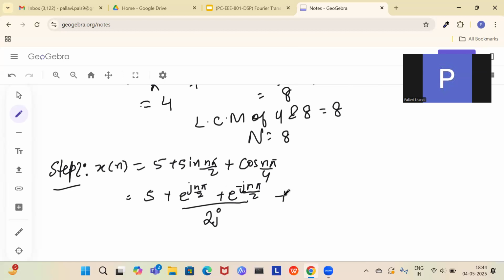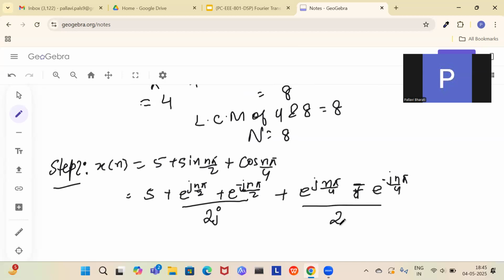So what will be there for cos(nπ/4)? (e^(jnπ/4) plus e^(-jnπ/4)) divided by only 2.